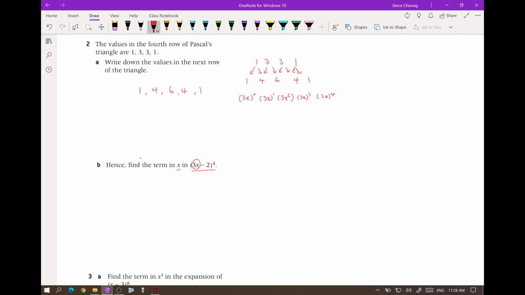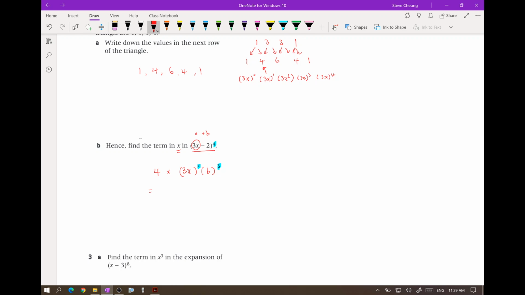If I want only an x, we want this second term here. So therefore, the coefficient is basically 4 times 3x. But if I take one of this from what we call the a term, then the b terms will have the remaining 3 of them, remembering that these two numbers always add up to 4.